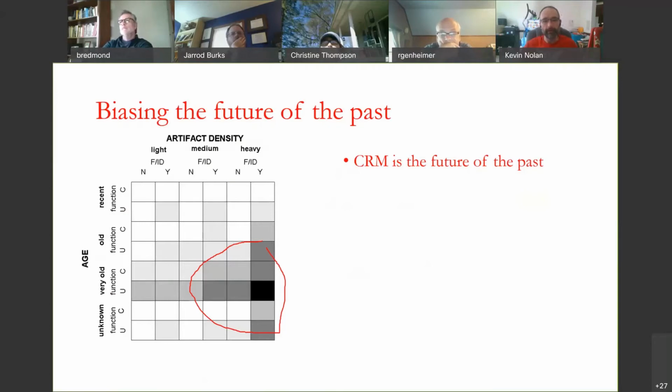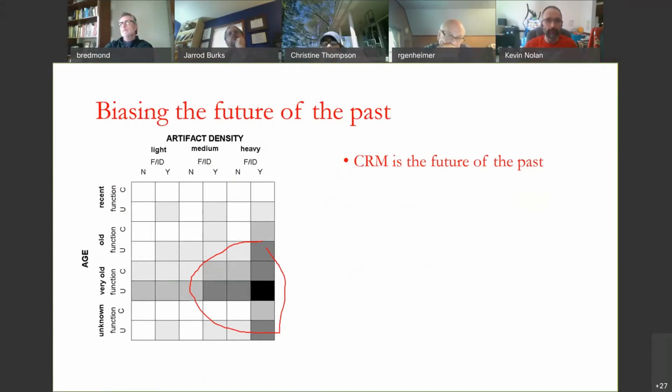And so again, we're sampling this small portion of the possible distribution of archaeological sites over and over and over and over, and we're finding the same kinds of things, same kinds of villages, same kinds of campsites, and we're not exploring the vast majority of the archaeological record.